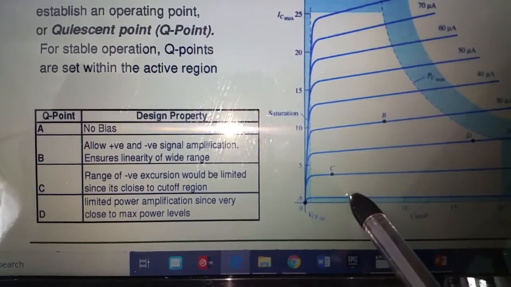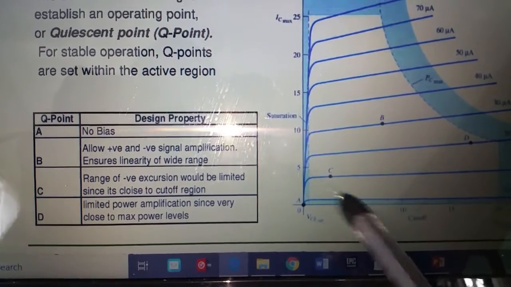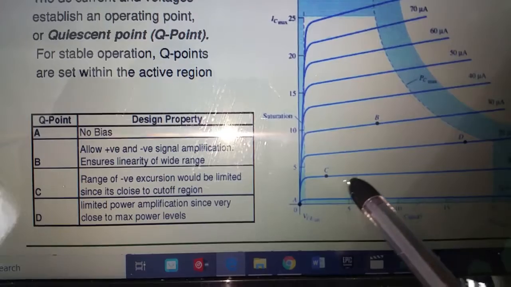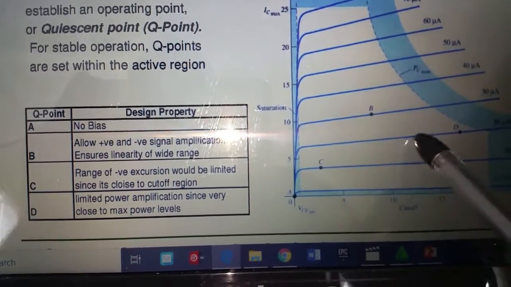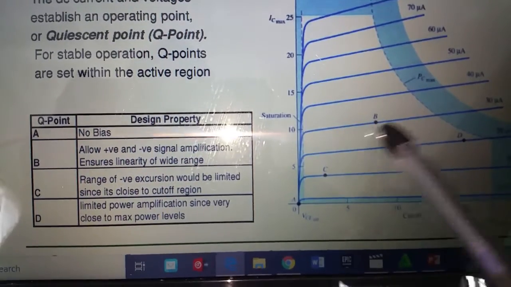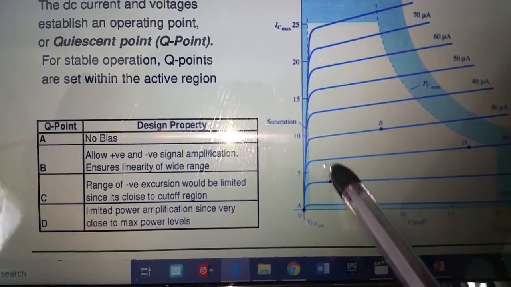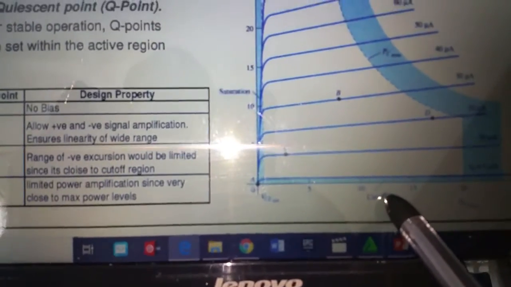Because remember, an AC signal is an AC waveform, so you have the sine wave drawn over it like that. If you do it in B, the sine wave looks like this. So the negative and positive side will come through nice, but at C, part of the waveform will be cut off because it's close to the cutoff region.